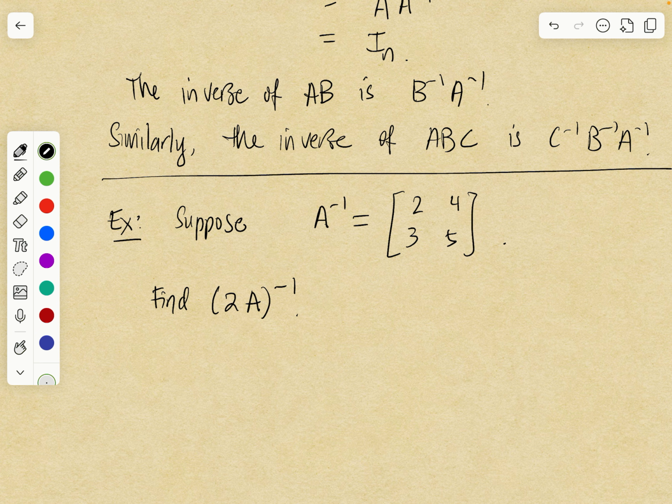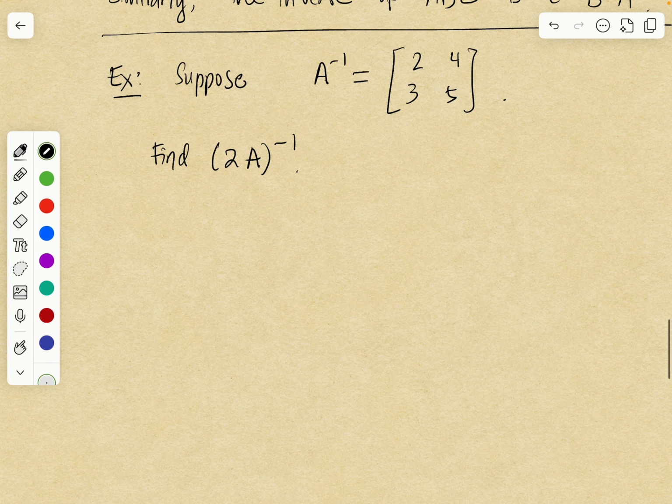Okay, let's see if we can think about this. Now, I haven't told you the formula for the inverse of a 2 by 2 matrix. But let's see if we can think about this a bit more conceptually. So I'm trying to find the inverse of 2A, right? So what matrix can I multiply by 2A to get the identity matrix?